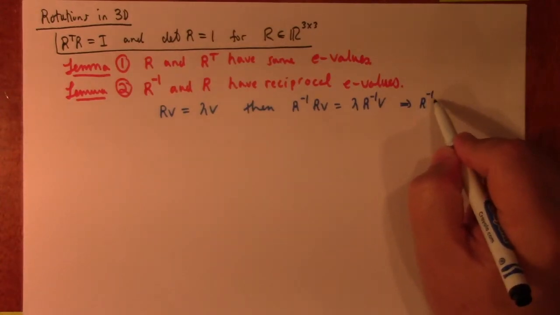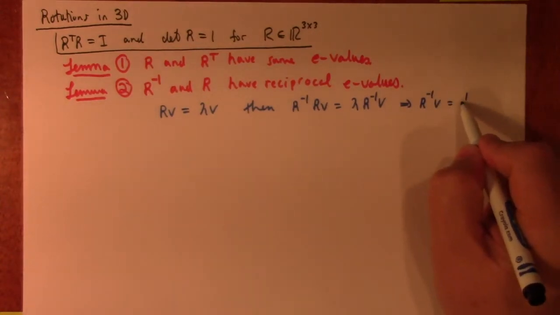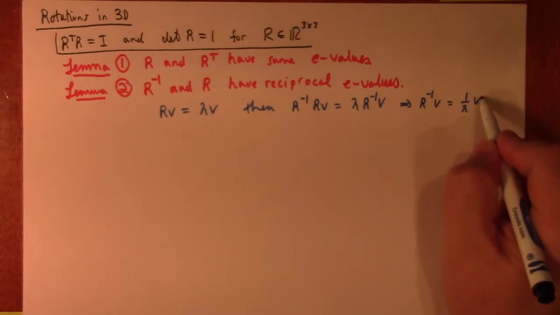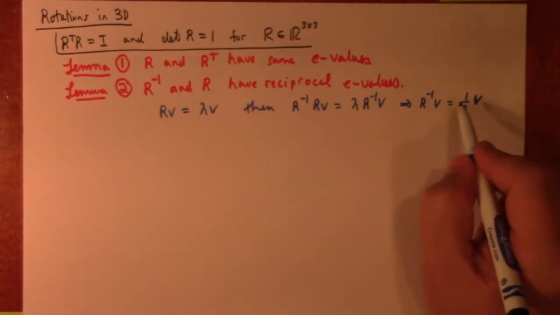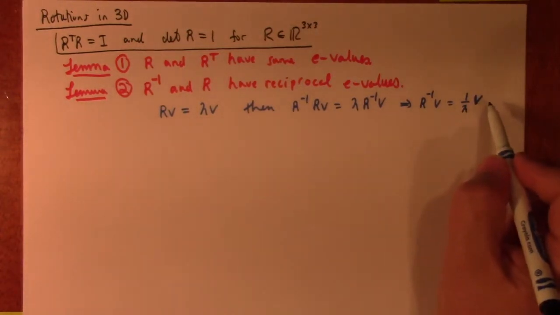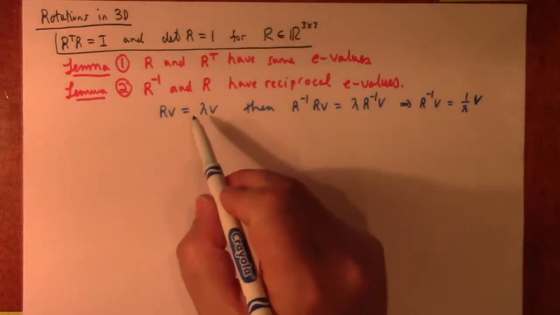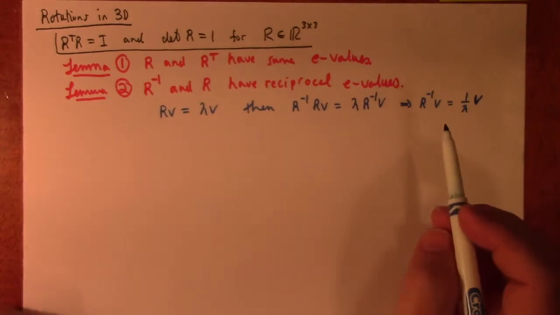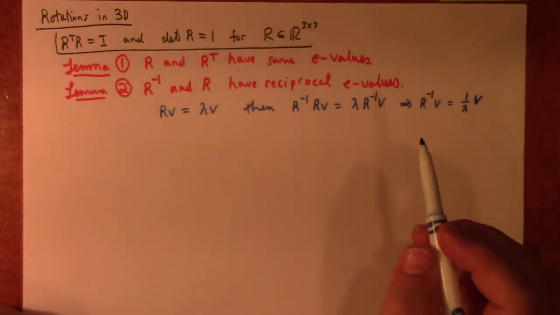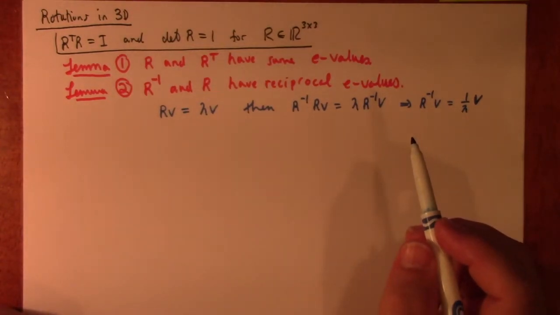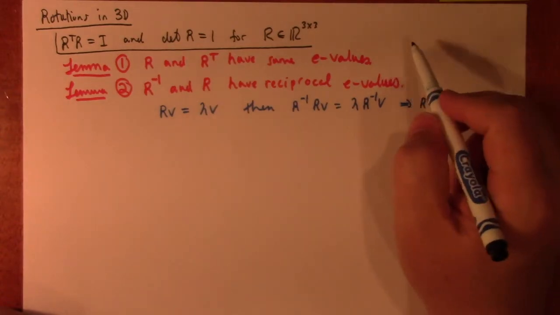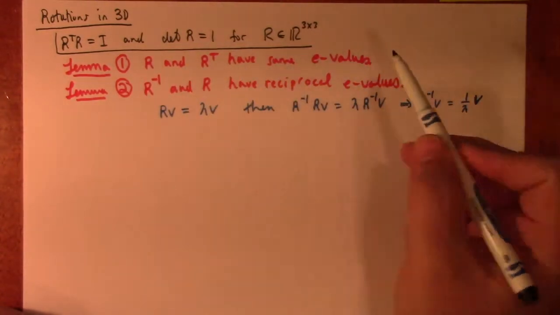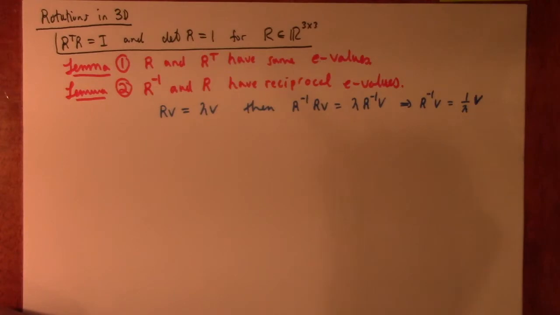So what that gives me is R inverse times v is equal to 1 over lambda times v. As you can see, the eigenvalue for the inverse of R is 1 over the eigenvalue for R. And so there you have it. I suppose the proof of lemma 1 is probably just that the characteristic equation is invariant under transposition, but whatever.